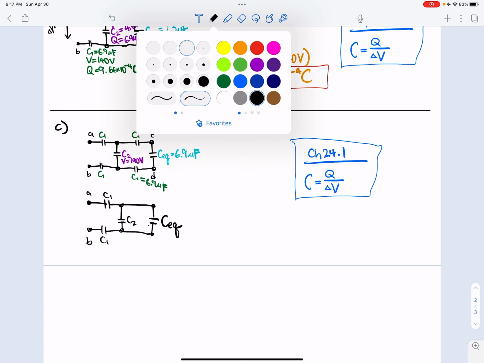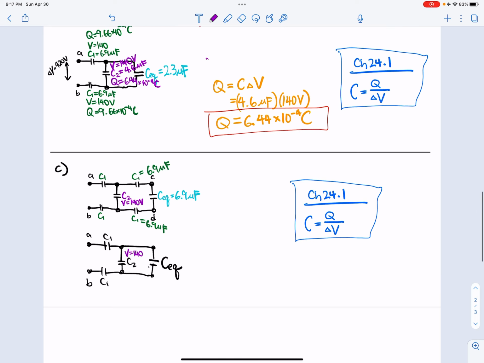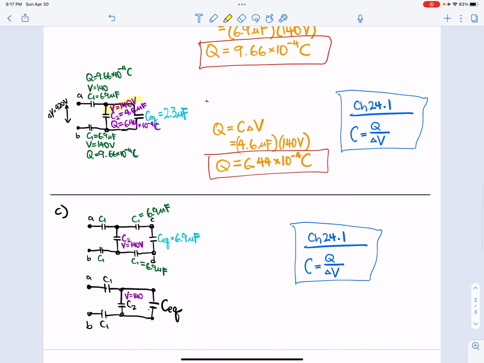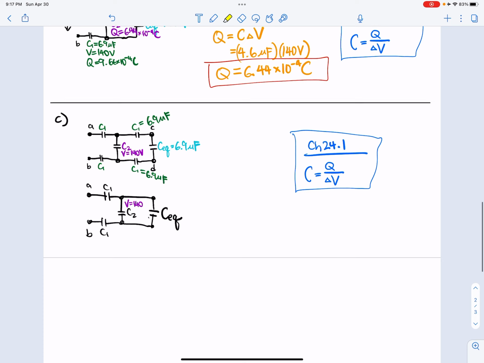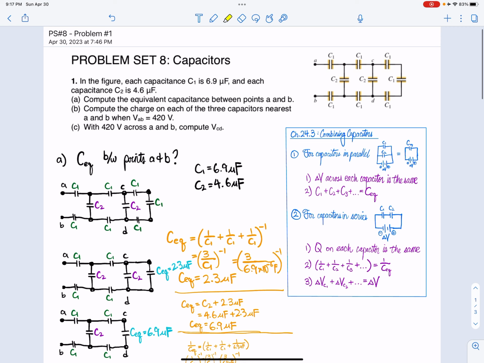Since C2 has 140 volts right here, as we saw in part B, then this will also have 140 volts, because they're in parallel. And the potential difference across each capacitor that is in parallel is the same.